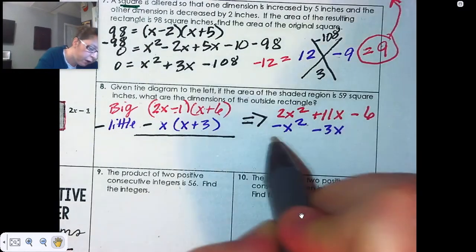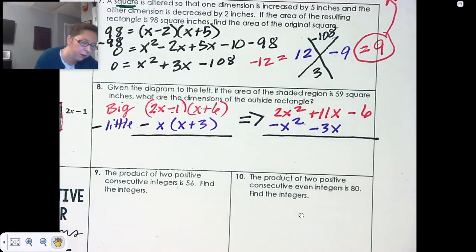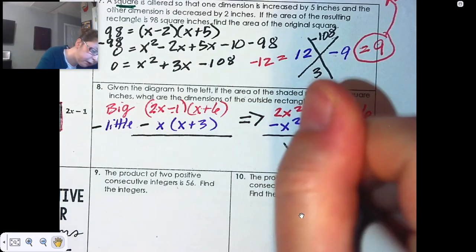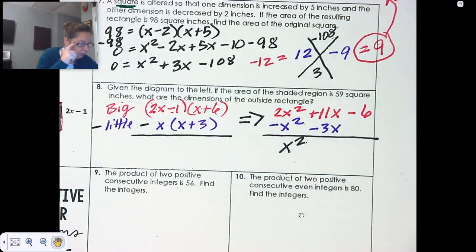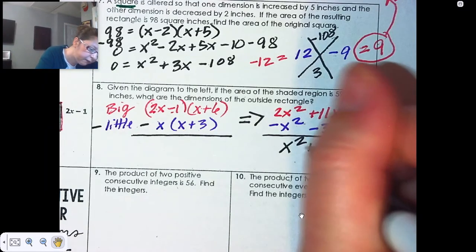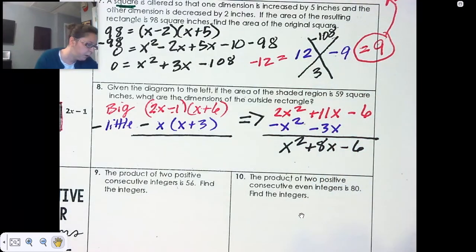And now that they're all in their expanded form, I'm going to go ahead and simplify. 2x squared minus 1x squared is just x squared. Let's see. 11 minus 3 is 8x. And then bring down the minus 6.